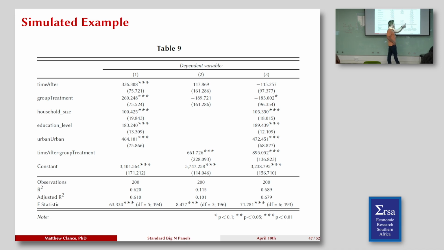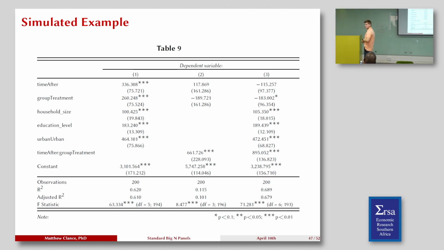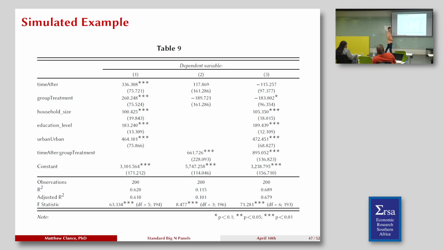If we add in more controls, we might have still been underestimating. There are other characteristics we weren't considering: their education levels, where they were living at the time, their household sizes. We could have been underestimating even more.